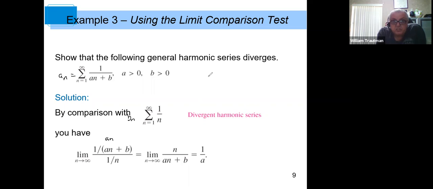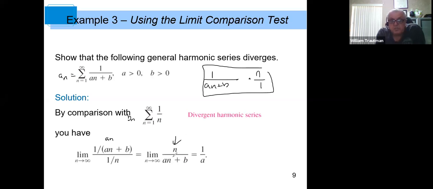I'm going to do the division over here: 1 over A sub n plus B divided by 1 over n. When you divide two fractions, you change it to multiply and flip the second fraction. So you end up with n over A sub n plus B.